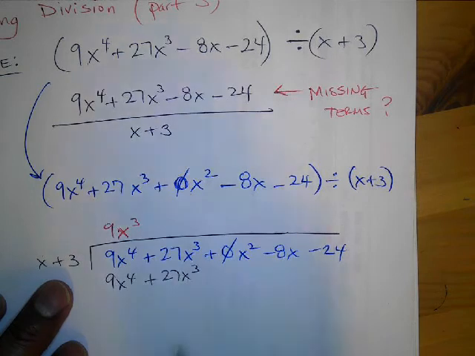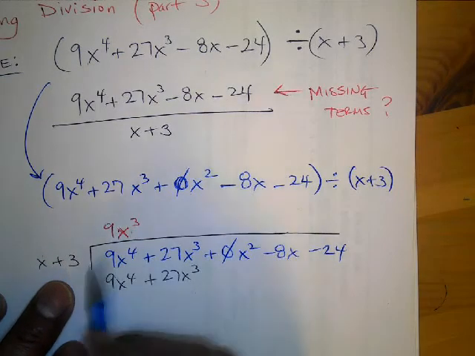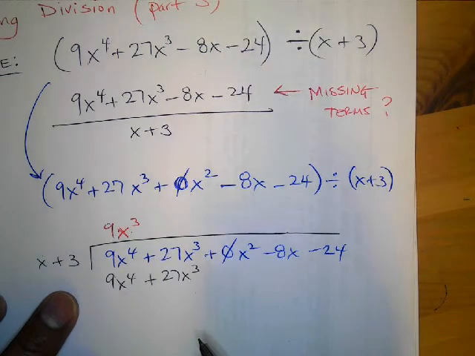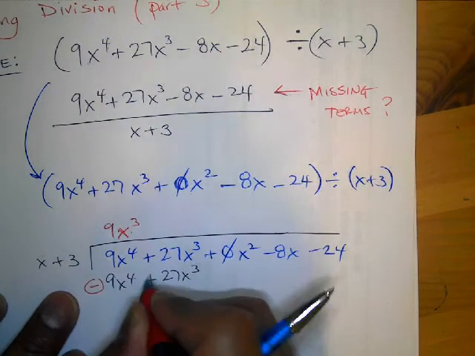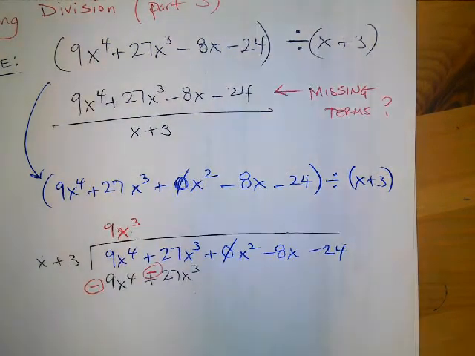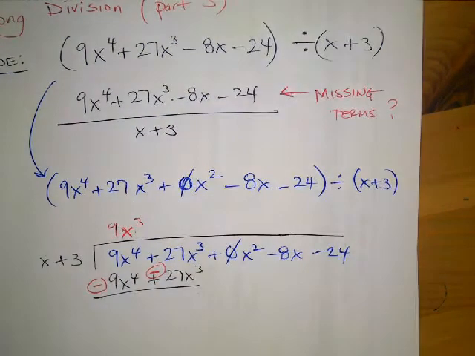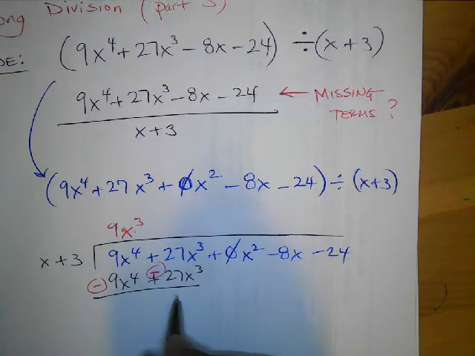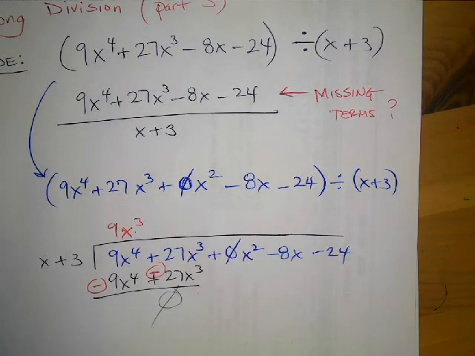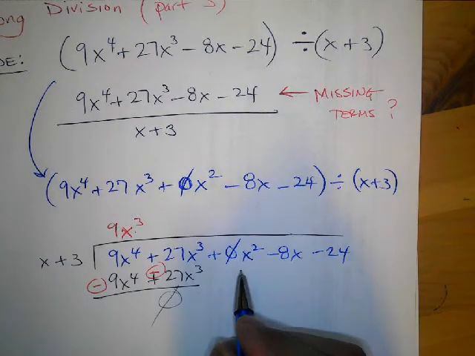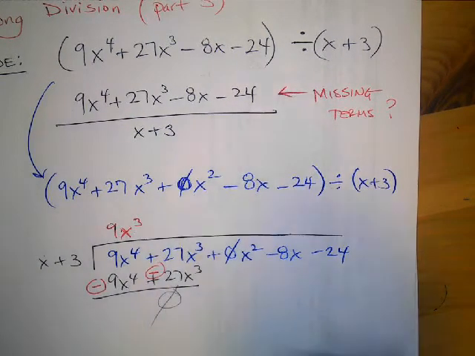Ooh, this one's not going to work out really nice, right? Well, we'll see what happens. Is that right? Yeah. And you subtract, changes from a positive to a negative. Ooh, everything just adds up to 0. I got nothing left over. And then I got no x squared. Oh, this one's kind of weird.